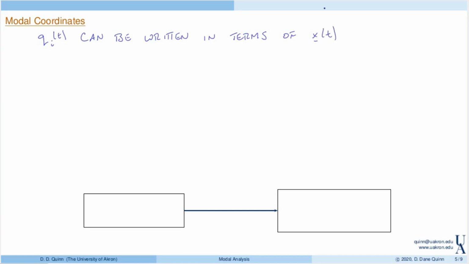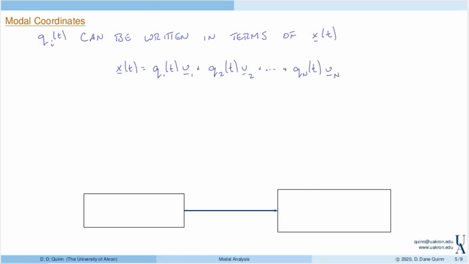So that's that vector of coordinates. And again, thinking back to our decomposition, we wrote x as q1 times u1 plus q2 times u2 all the way out to qn times un.